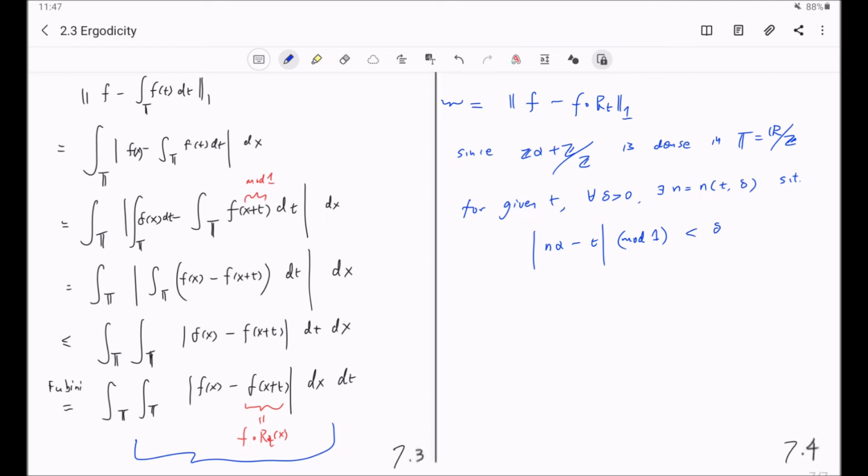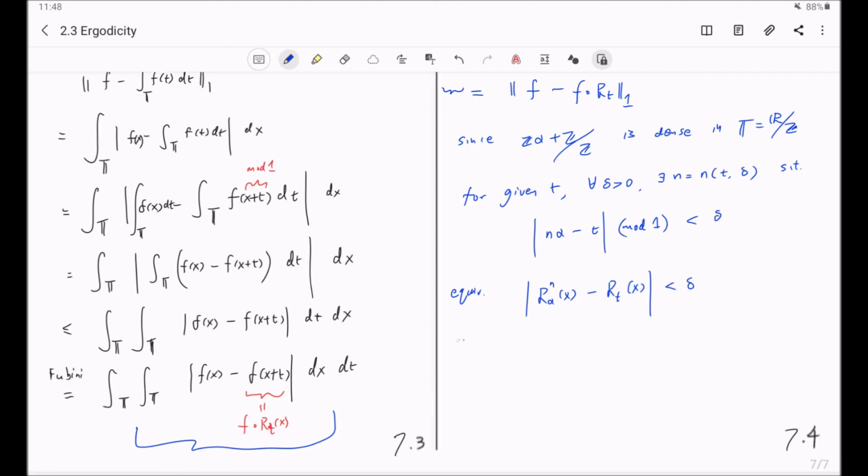And you can rewrite this in terms of the rotation function. Using the language of rotation, this is the same as saying that the absolute value of this rotation applied to any point x in T, minus the rotation by t applied to x, is bounded by delta.